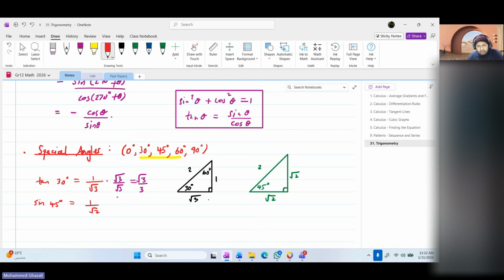So 1 over root 2, you have to multiply by root 2 over root 2, which gives root 2 over 2. So if you can rationalize and show the rationalization in your answer sheet, then you don't need to draw these triangles, okay? But if you draw them, it's much better. But for the triangle, what we are doing here, we're using 1 over root 2, okay?